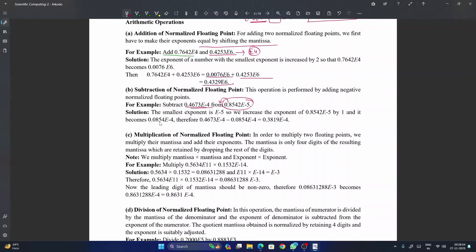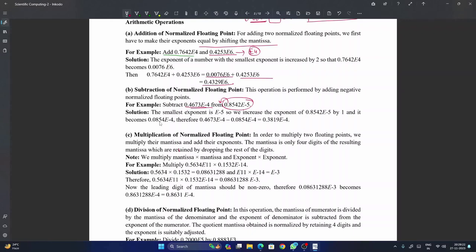Now subtract it. Actually, here I think they are doing it wrong. It says subtract this from that number, but here they are subtracting this number from that. That means this number will be 0. This is the smaller number actually, so that will be 0.7643 e to the power minus 4.